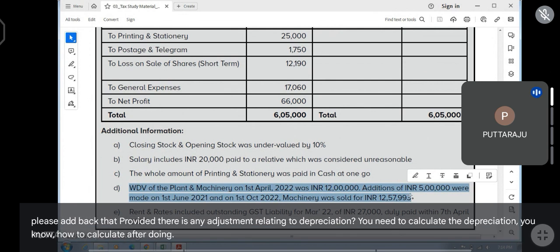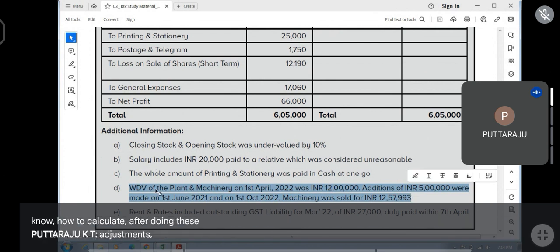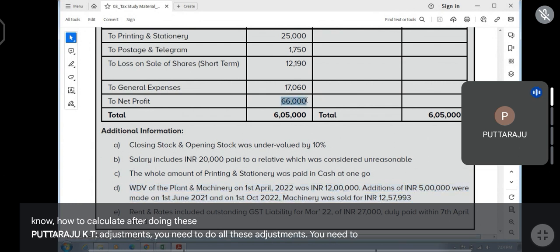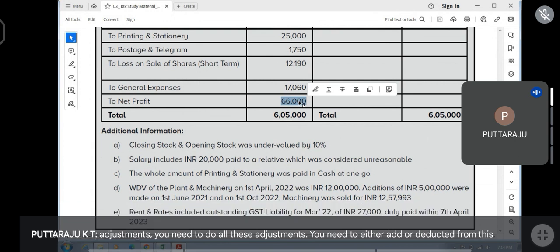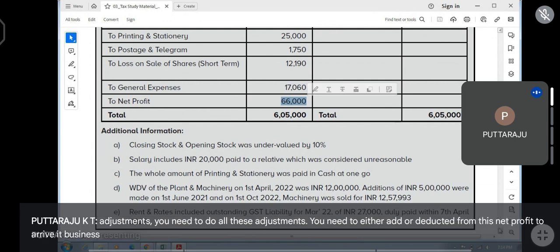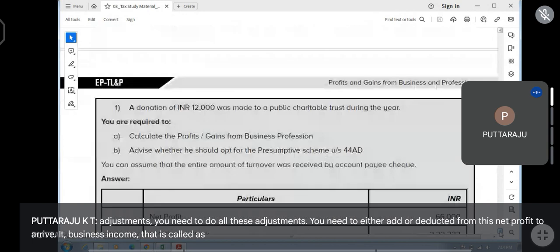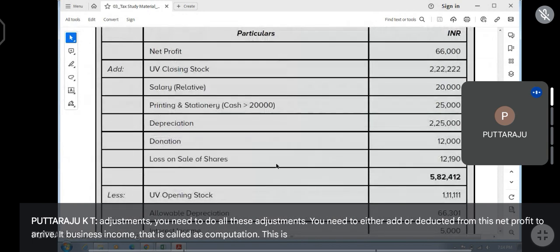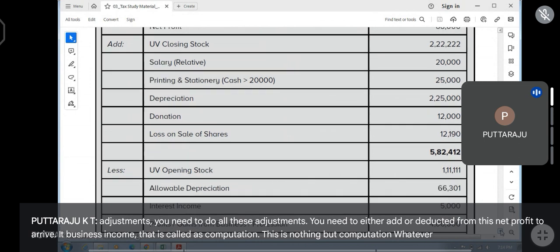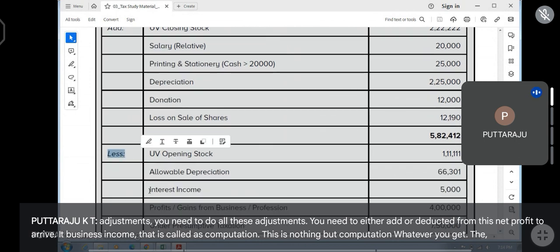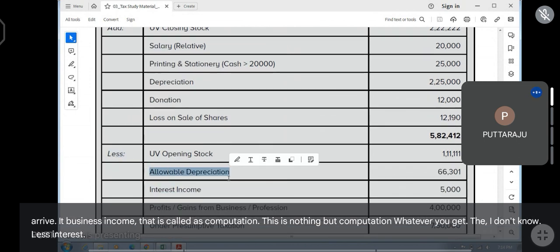After doing all these adjustments, you need to either add or deduct them from this net profit to arrive at business income. That is called computation. This is nothing but computation. Whatever you get, I told you, less interest, less depreciation, add back depreciation, less interest.